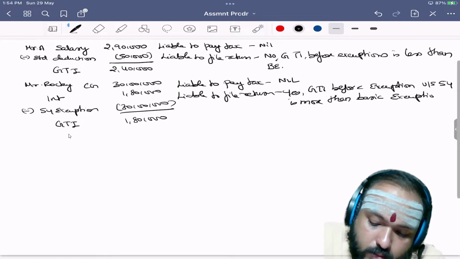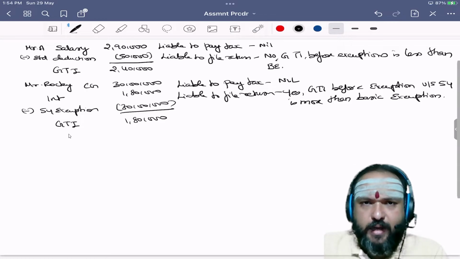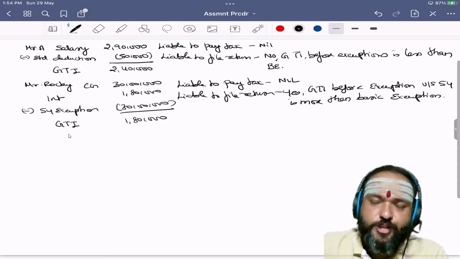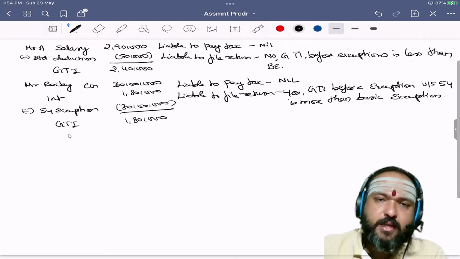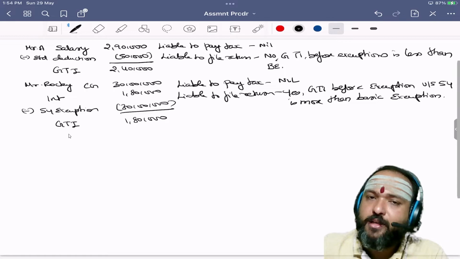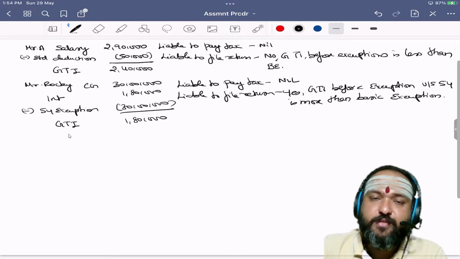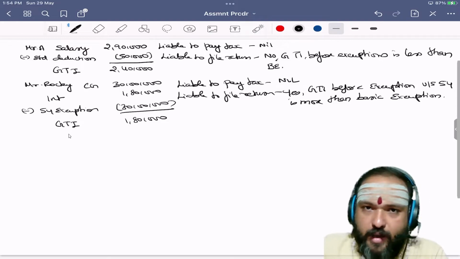Clear? So, remember the basic cardinal rule. Your gross total income, which is total income before Chapter 6A reductions or before the 10AA series and before exemptions under Section 54, should be greater than your basic exemptions. When I say Section 54, it means 54, 54B, D, G, GA, GB, EC, F, everything.